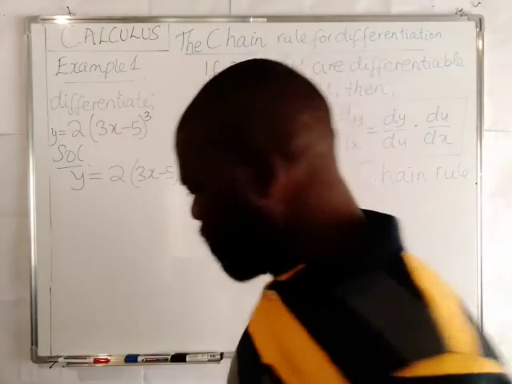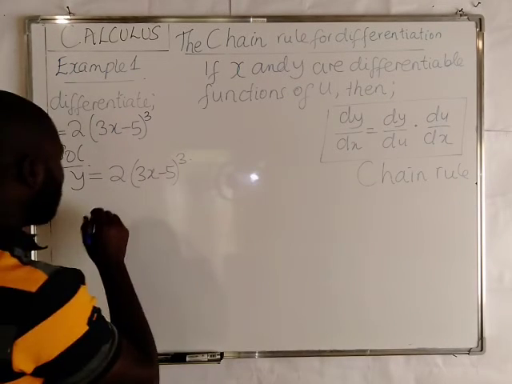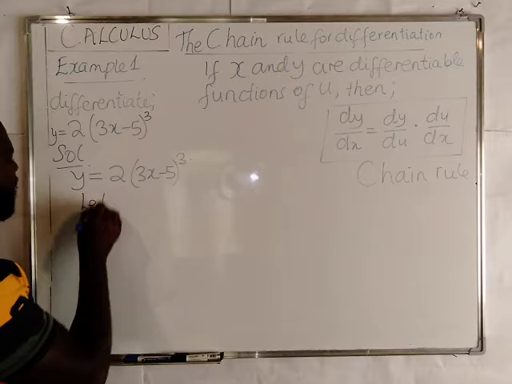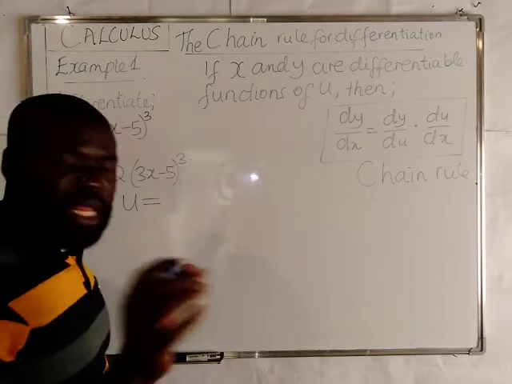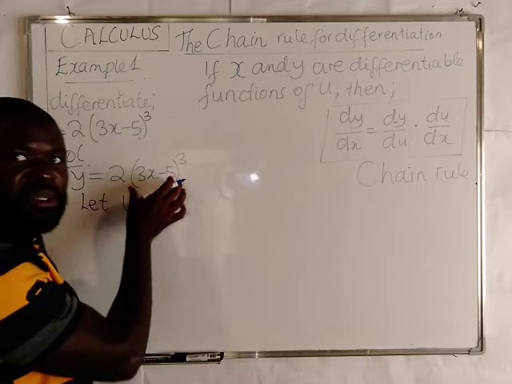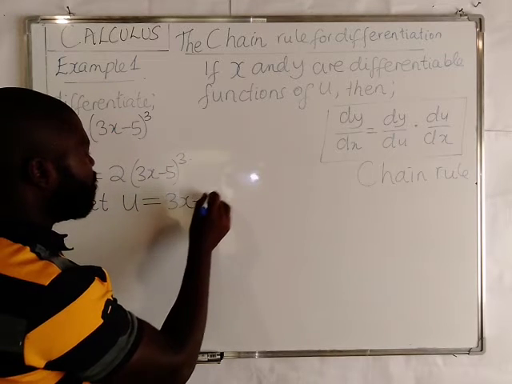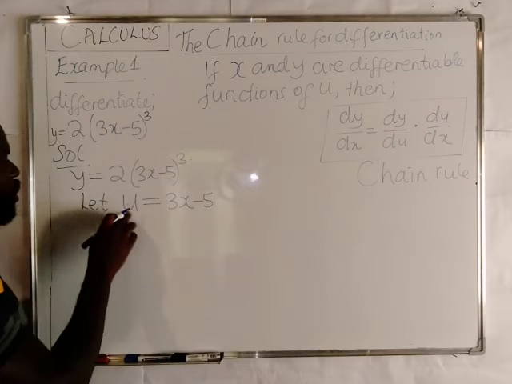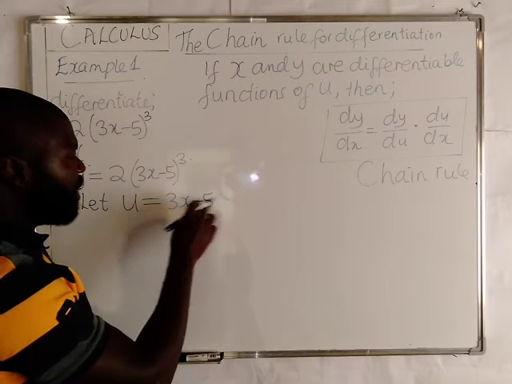So according to the rule, we need to let u be the expression which has been raised to the power 3. So let u equals 3x minus 5.